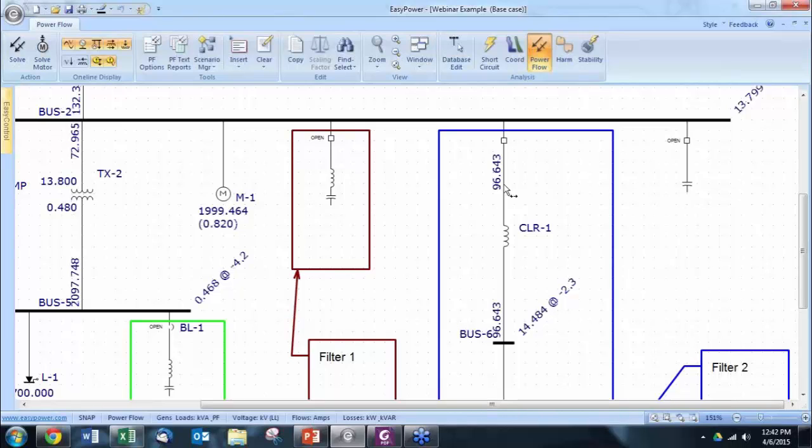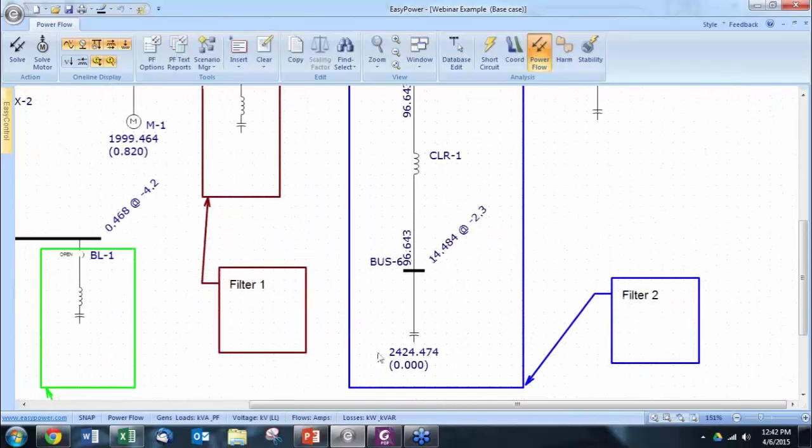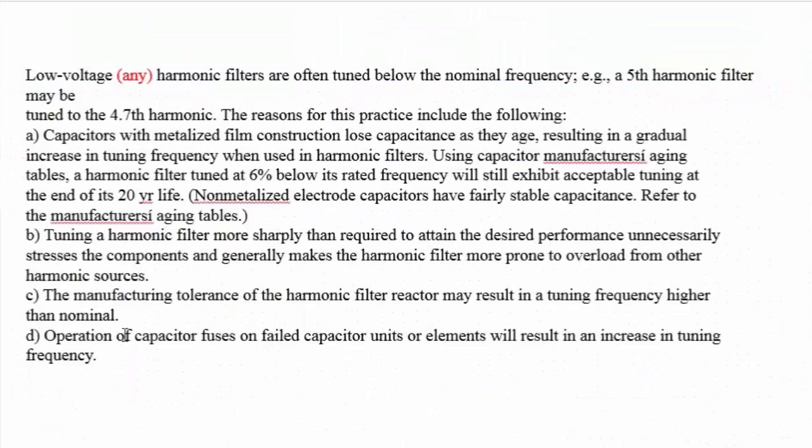It may not sound like much, but remember this is medium voltage, so every amp counts. The current goes down, so the reactor and the capacitors are less stressed than if the filter was tuned precisely to the fifth harmonic.